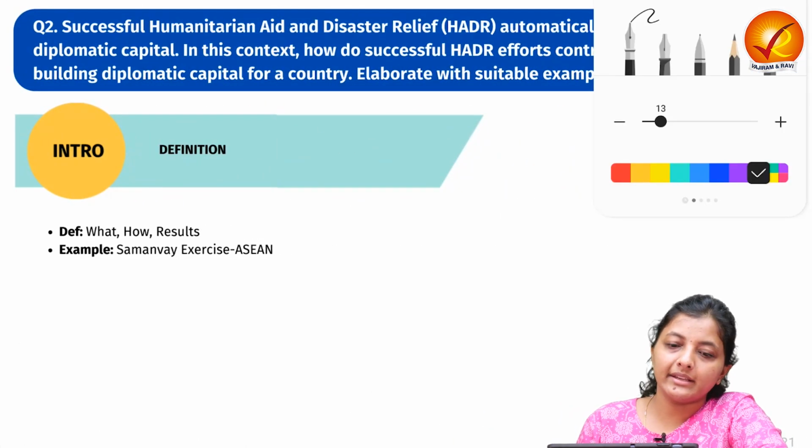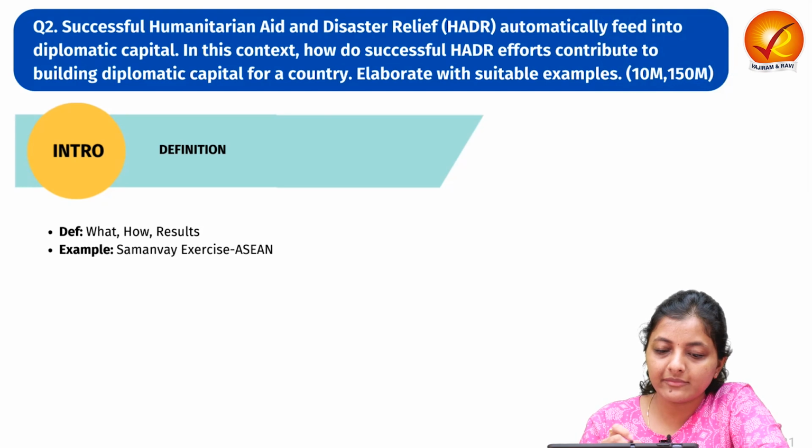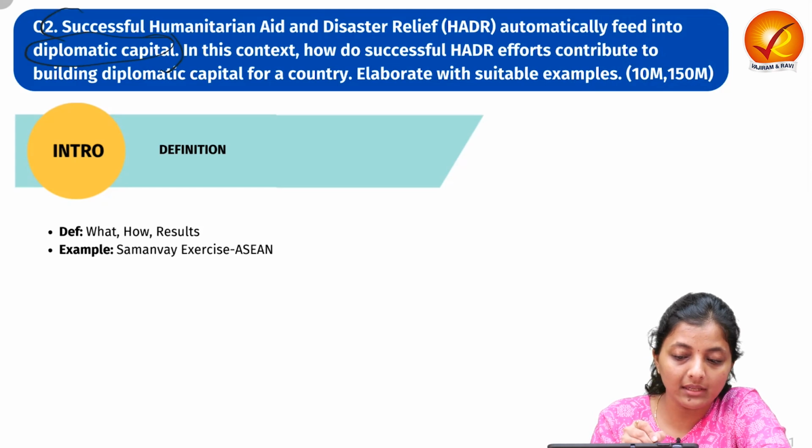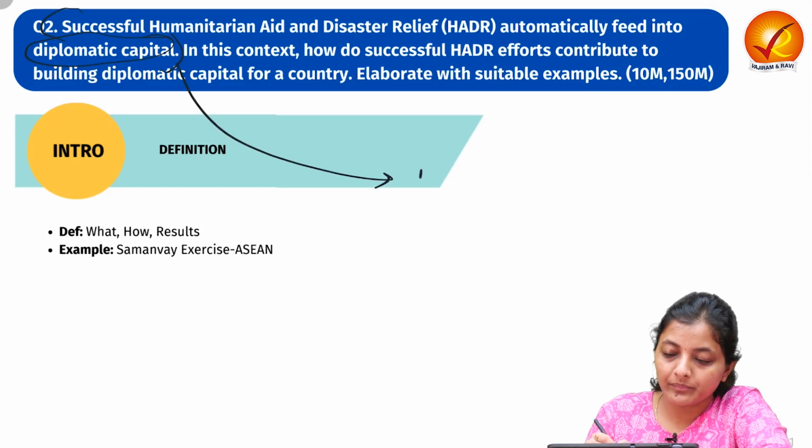Now let's see the second question. Successful humanitarian aid and disaster relief automatically feed into diplomatic capital. So again, this is some context set, that HADR results in diplomatic capital.